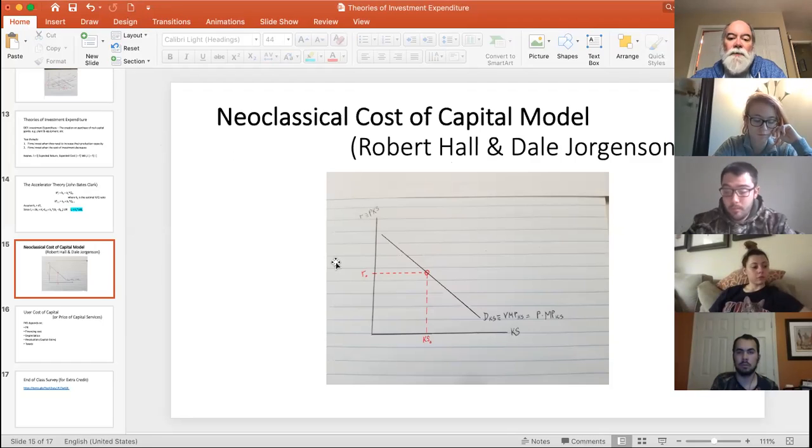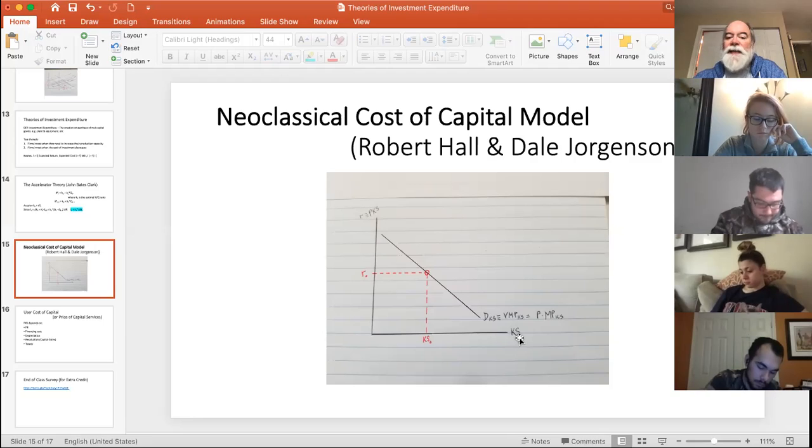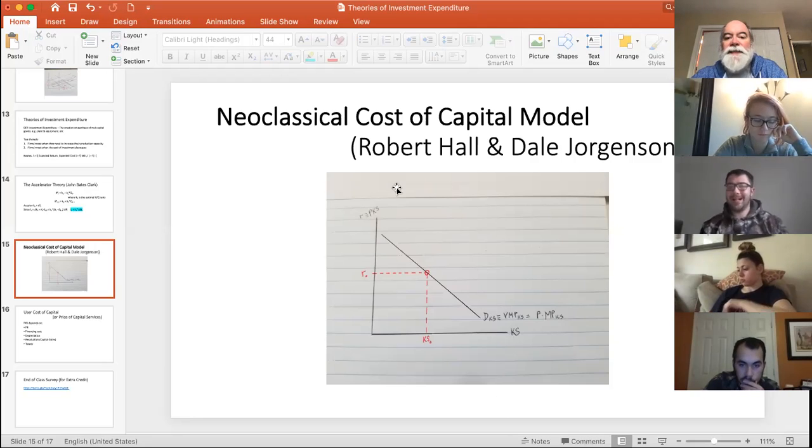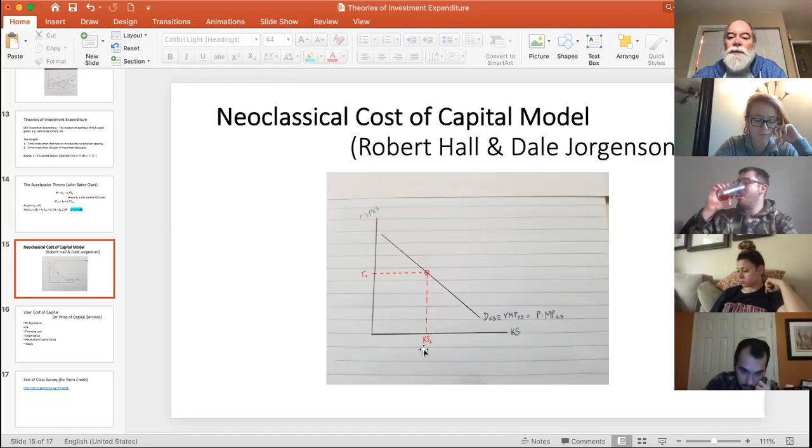Okay, so let me interpret this specific graph for you. On the horizontal is KS, which is capital services, which is like capital hours, the number of hours that you run the machine. Just like labor is really labor services, the number of hours you work on the job. So what this graph is going to tell us is how many capital services the firm will need if it wants to maximize its profit.